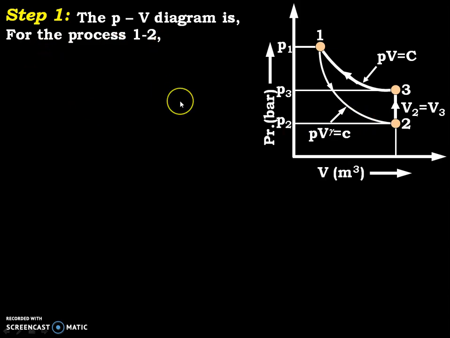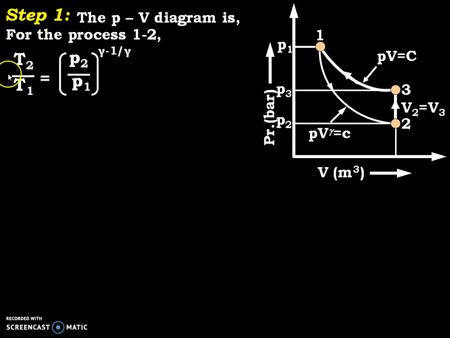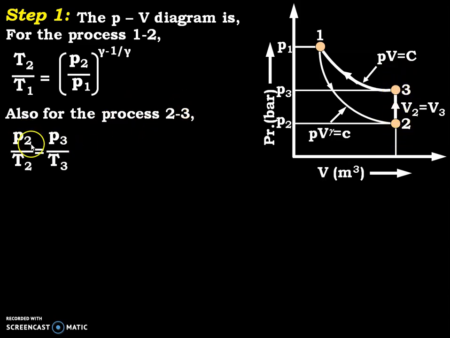Now process 1 to 2. We can write down the relationship between P, V and T. That is T2 by T1 equals P2 by P1 raised to gamma minus 1 upon gamma. For the process 2 to 3, P2 by T2 equals P3 by T3 because it was a constant volume process. Clear?